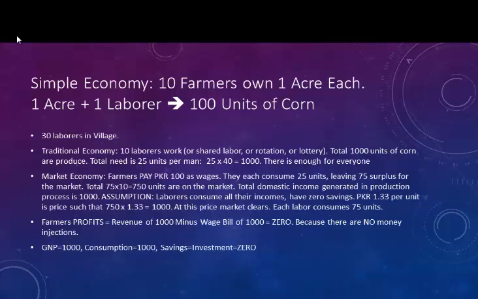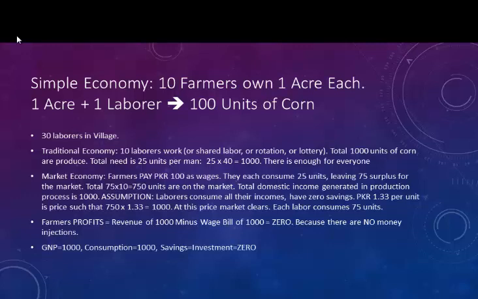If we have demand and supply, free markets, then the market will clear, and the price will be 1 rupee 33 paise, because 750 units will sell for 1,000. So this will be the price, and the laborers will consume 75 units each.